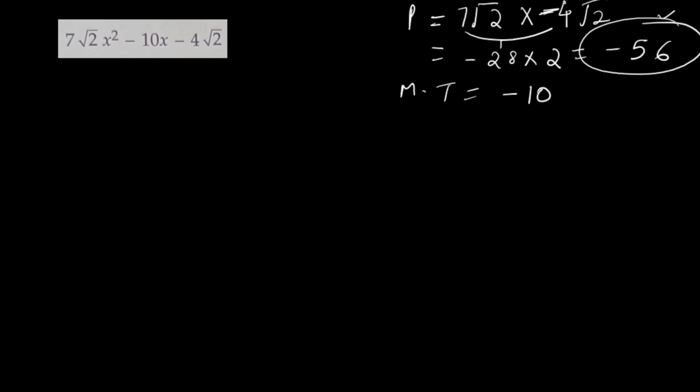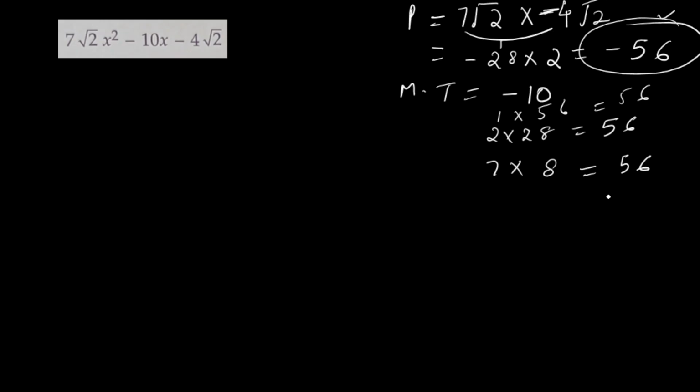Now this product, minus 56 or 56, we will make the factors. We'll write down its factors. So we know this thing. 2 into 28 is 56. Then 1 into 56 is also 56. 3 doesn't go. 4 doesn't go. Then 5, 6, 7 it goes. So 7 into 8 is 56.